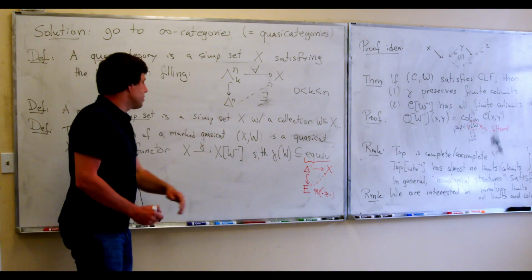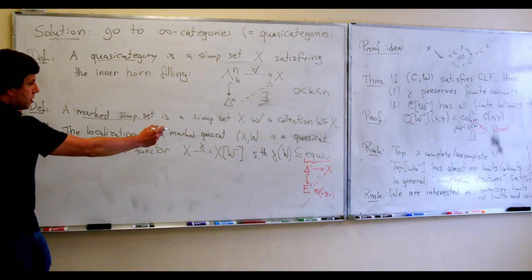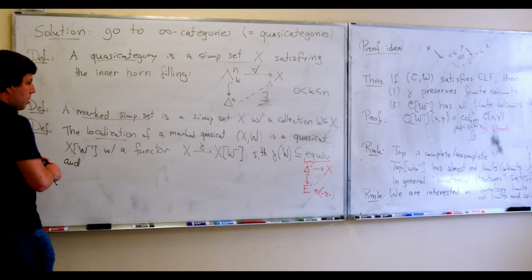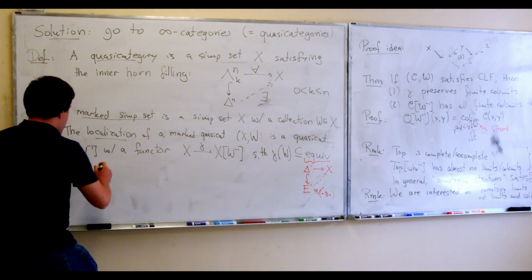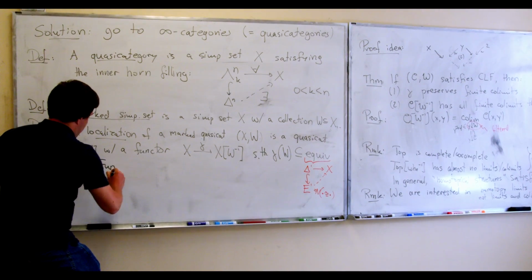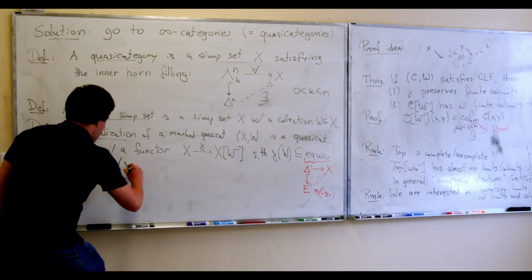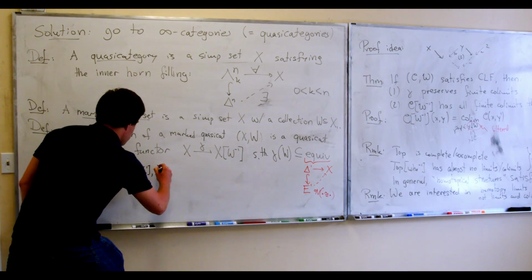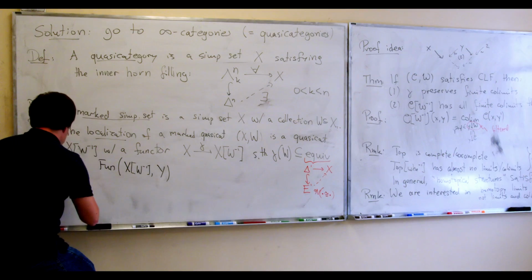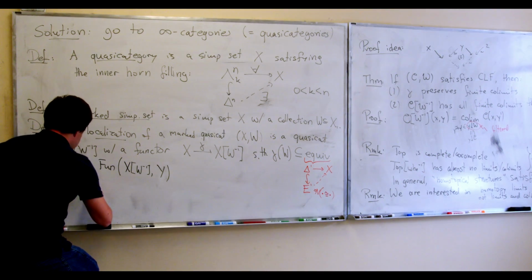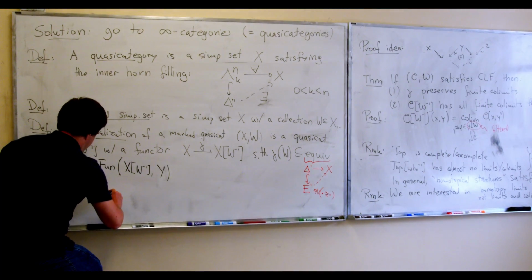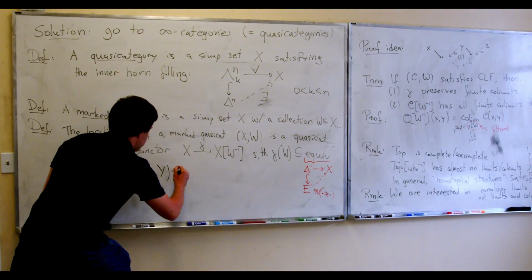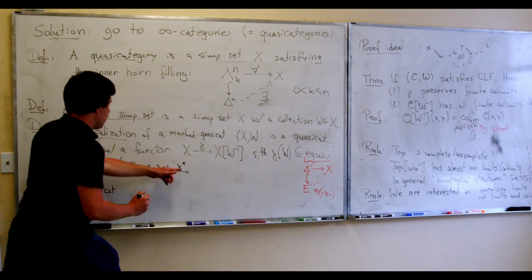Okay, so it's a functor like that, and again, it needs to be universal among functors that do that. So once again, I'm going to have the map from functors X W inverse to Y, where Y is a quasi-category. We're going to have a map like that given by precomposition with gamma.